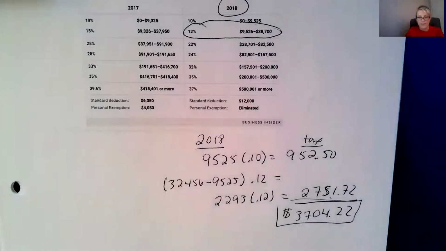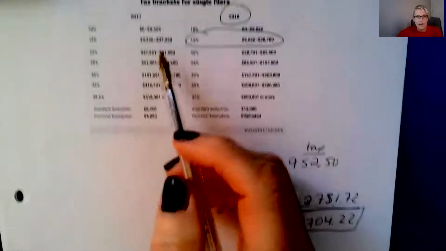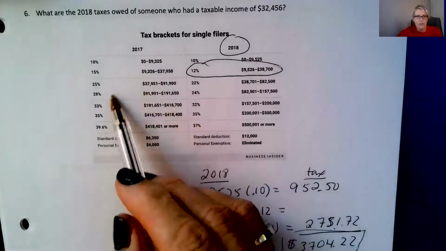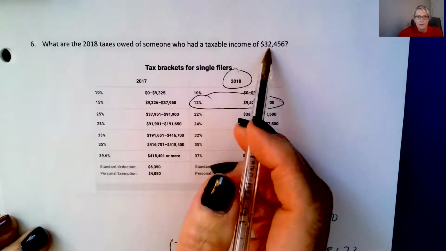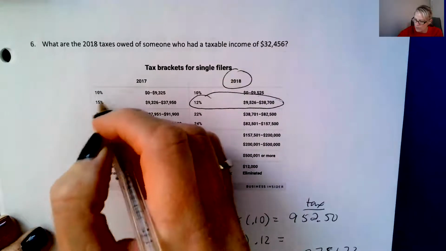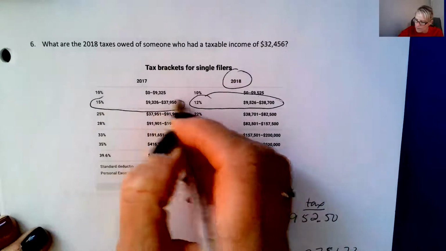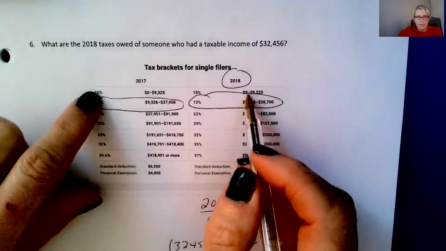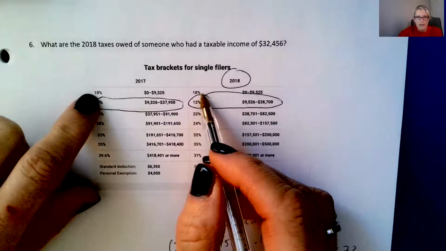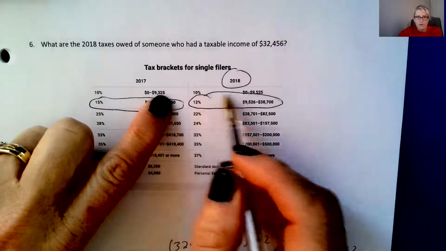Now, for practice, you could have said, well, what would my 2017 taxes been? Because if they had a taxable income of $32,456, they would have been in this bracket. But notice in 2017, the very first bracket at 10% went up to 9,325.